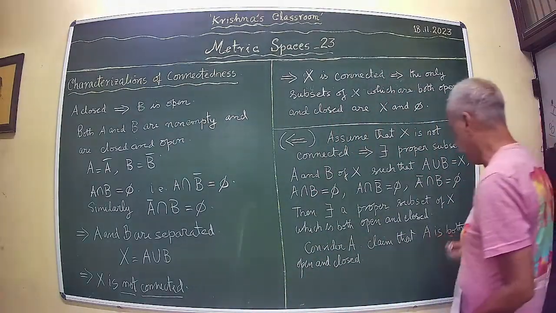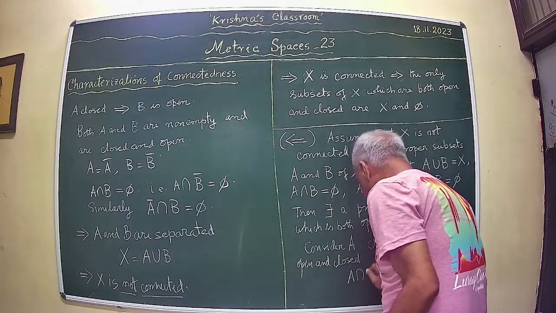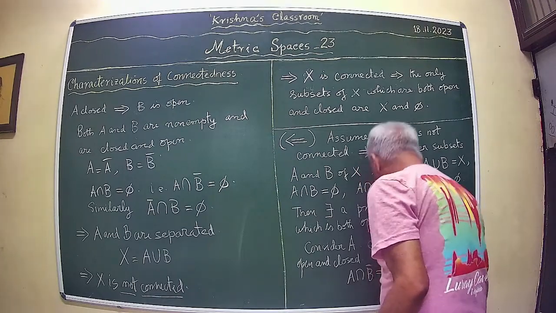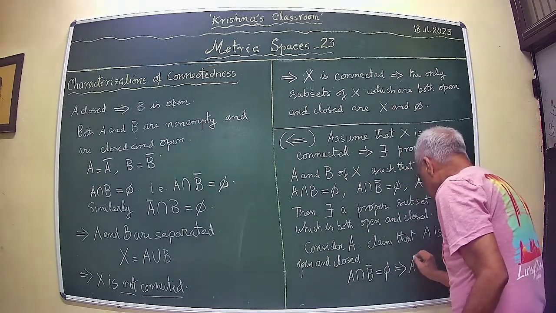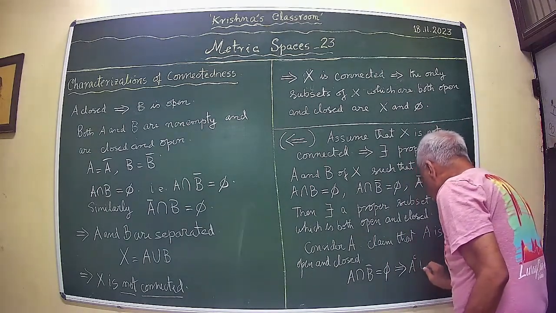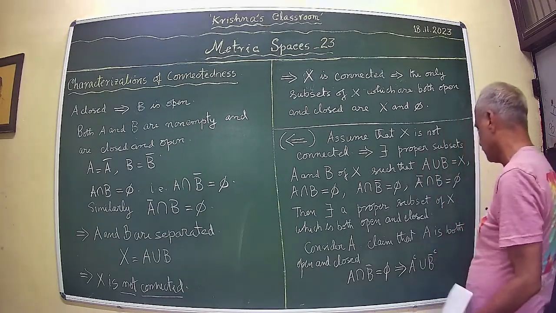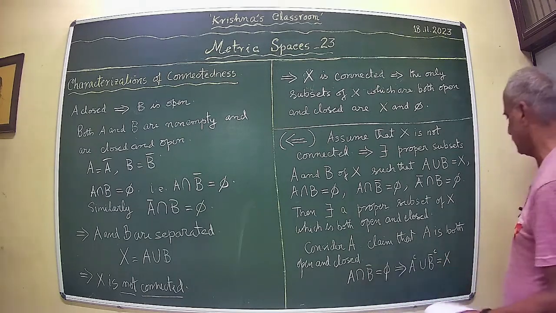So what we have is this. We have A intersection B closure, which in turn implies A complement union B closure complement. All of it.